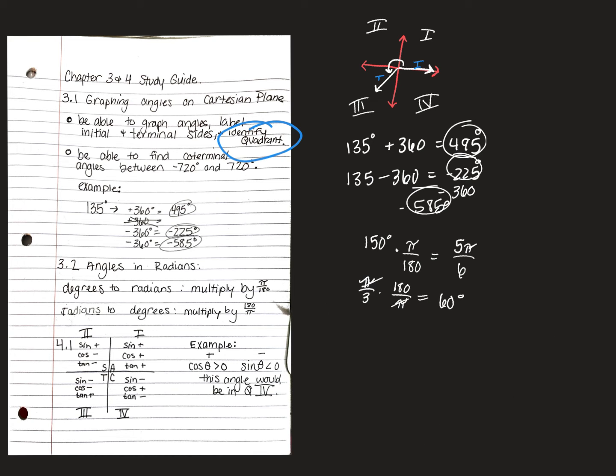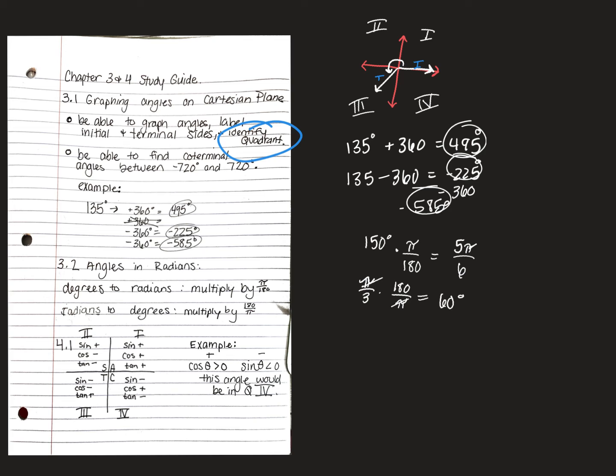Okay, and then the last thing we did for this first page here, in section 4.1, we talked about what quadrant trig functions were positive or negative in. So remember, in quadrant 1, all 3 trig functions are positive. In quadrant 2, it's only sine. Quadrant 3 is tangent, and quadrant 4 is cosine. So your problems on your test are going to look like this.